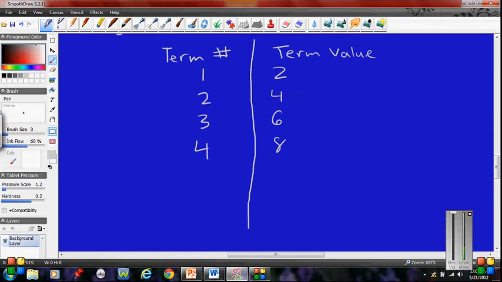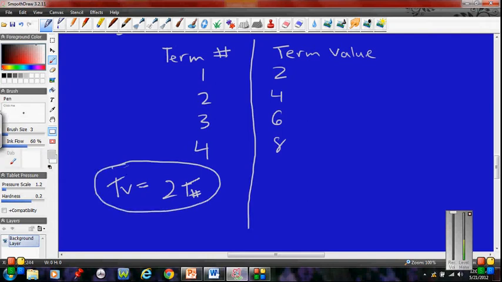So what we see here is that 2 times 2 is 4. So we know from here that the term value, we can say tv, is equal to 2 times the term number, correct? However, this formula right here will not apply to every single arithmetic sequence.